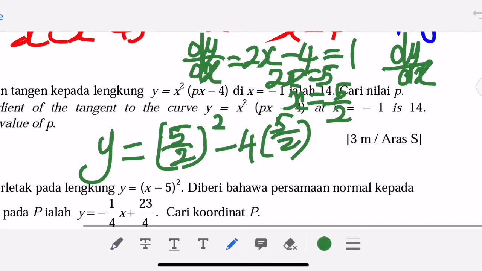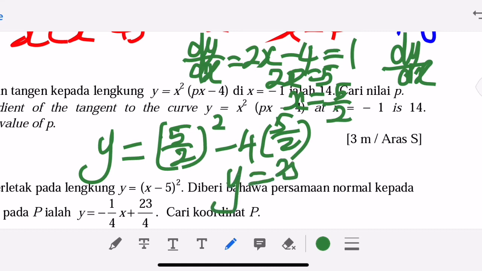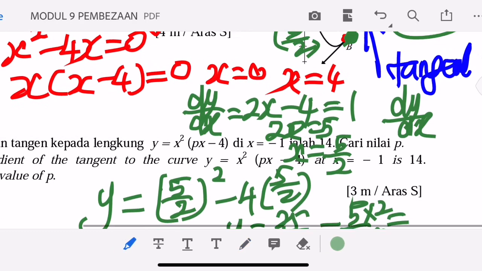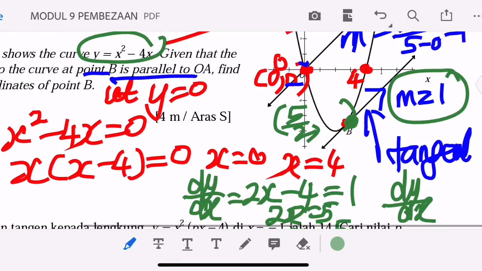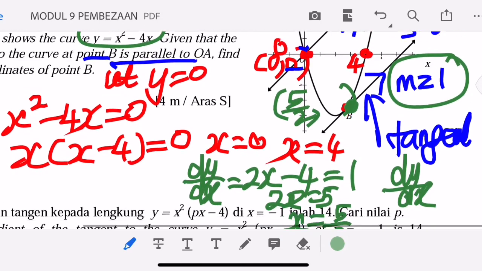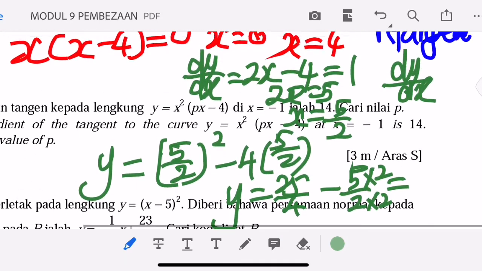So the y coordinate will be 25 over 4 minus, okay, 2.5 squared minus 4 times 2.5.